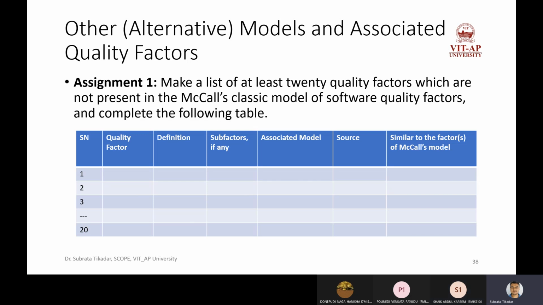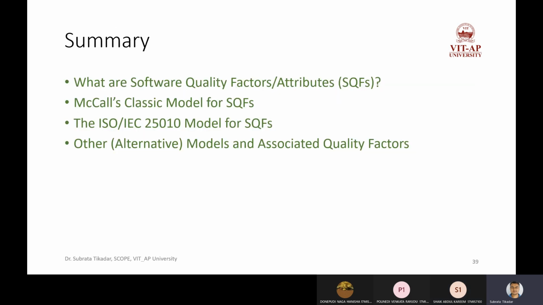Okay, so to summarize, we have learned what software quality factors are. We have a brief idea. I always suggest you read some textbook or reference material, and it will also clarify things. Even after that, if you don't understand or face any difficulty, you can talk to me and I'll clarify.